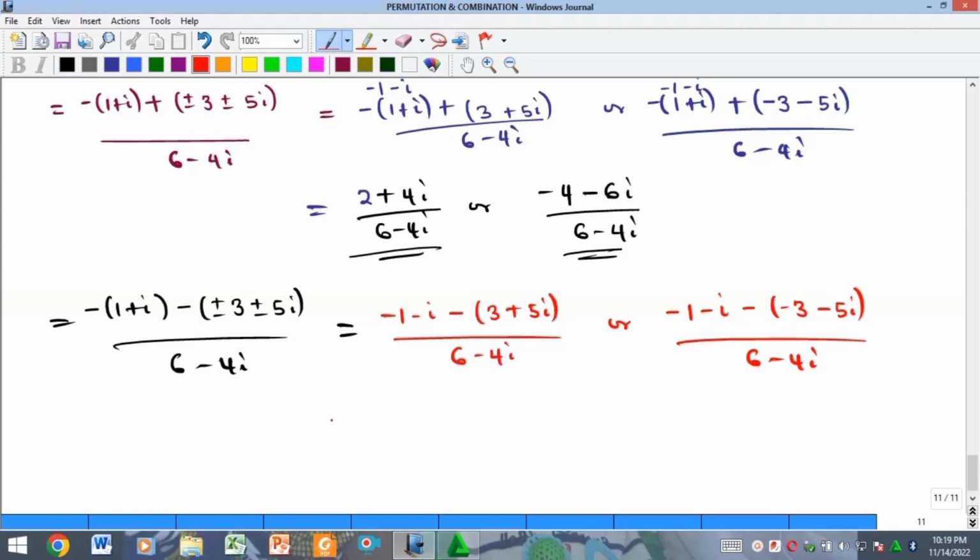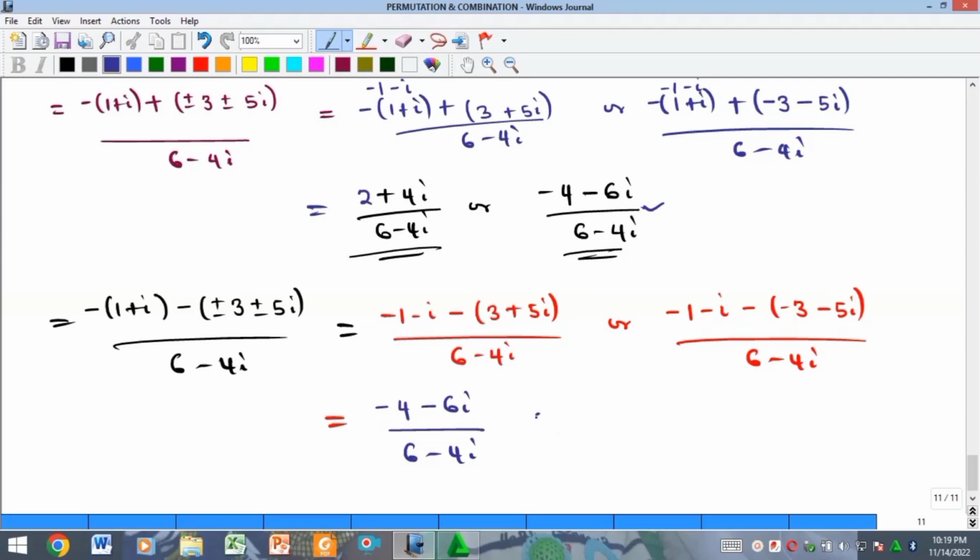So this is going to then give us a very beautiful solution. Minus 1 minus 3 is going to be minus 4. Then minus i minus 5i is going to be minus 6i. And that is all over 6 minus 4i, which is exactly what we have here.